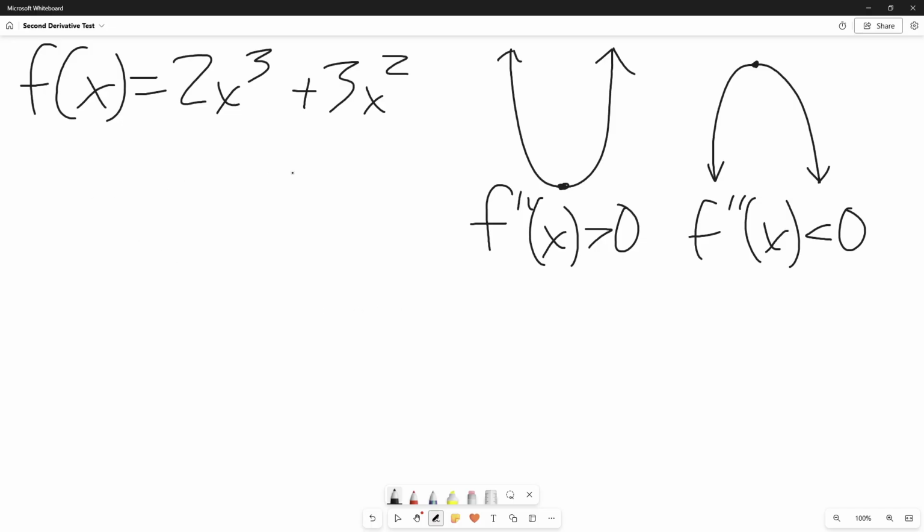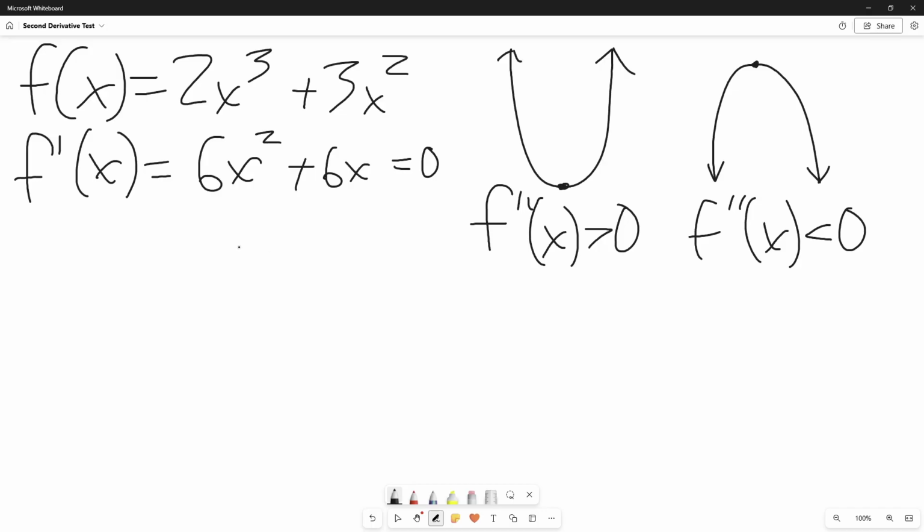Now let's try this test on this function. Let's find the relative minimum and maximum using the second derivative test. So first we find f prime of x, which is equal to 6x squared plus 6x.